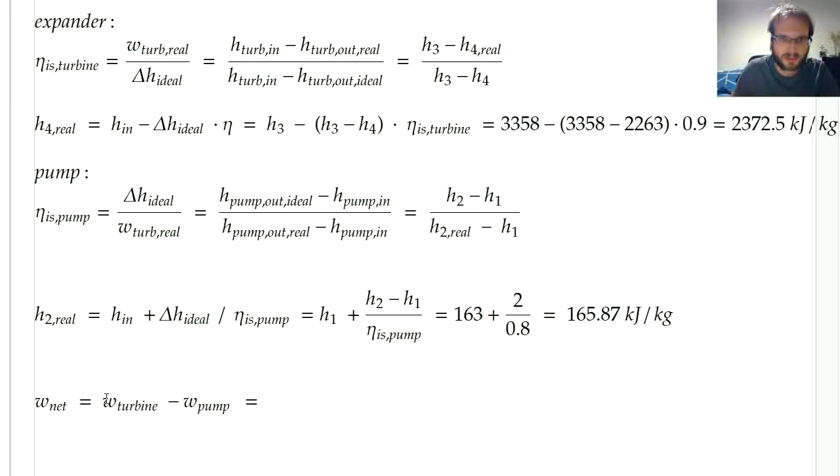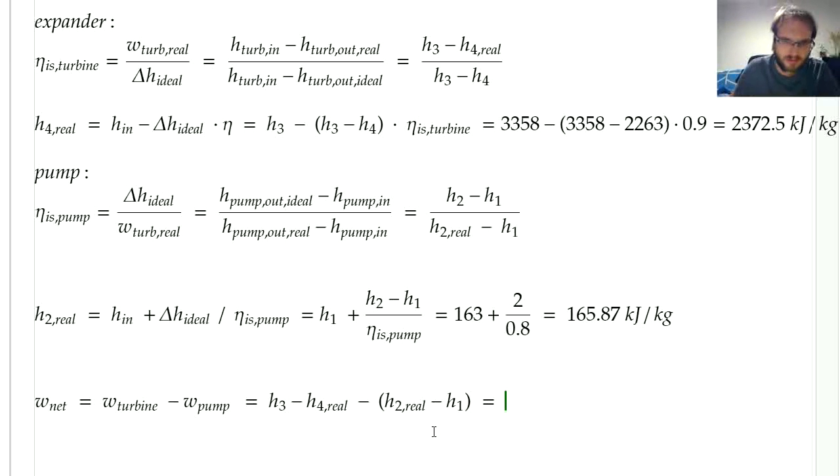Well, net work of the turbine is the difference in enthalpy, H3 minus H4 real, minus the work of the pump, which would be H2 real minus H1.